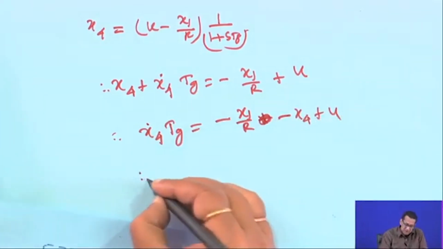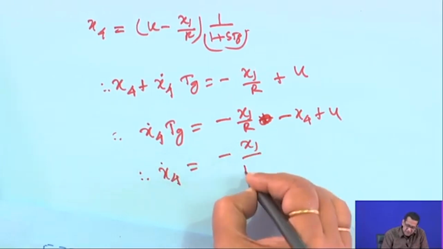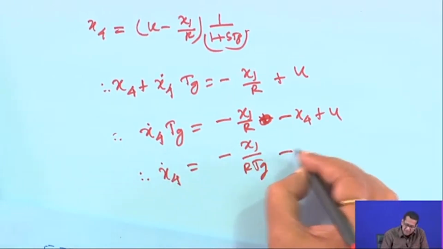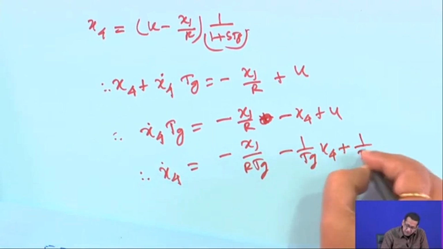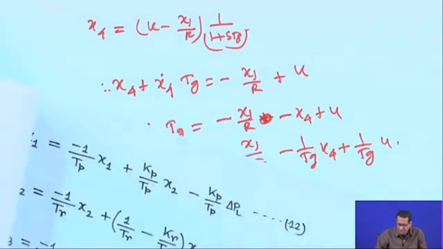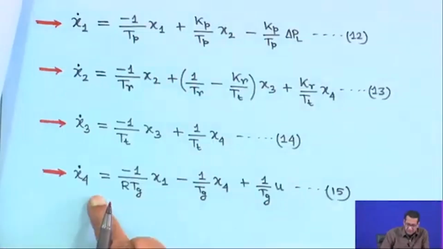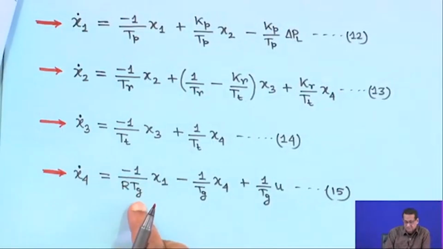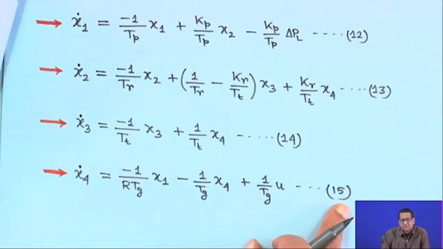Or x4 dot is equal to minus x1 upon r Tg, minus 1 upon Tg x4, plus 1 upon Tg u. This is equation 15.